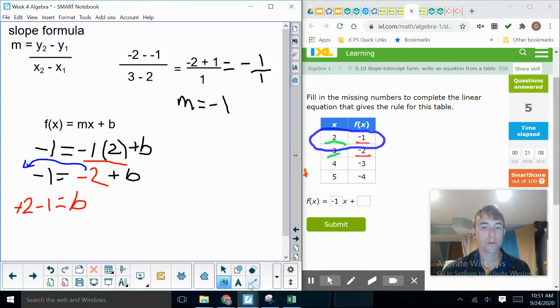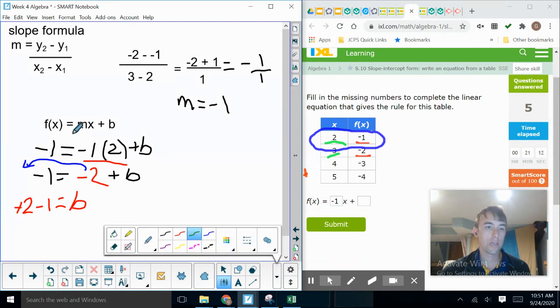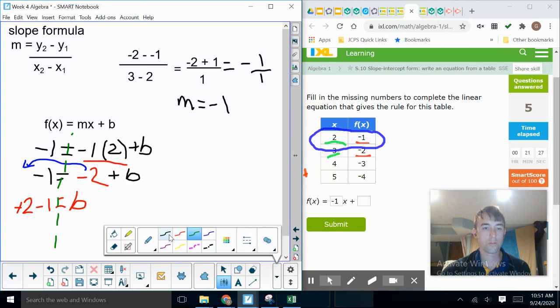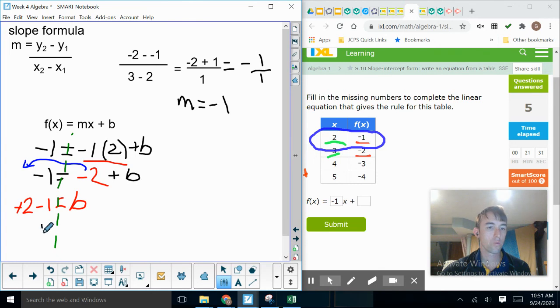Now it's important when you're solving equations that you keep your equals in line. Okay? Your equals in line. We get positive 2 minus 1. 2 minus 1 equals b. 2 minus 1 is 1. 1 equals b, or my b equals 1. So that goes here.